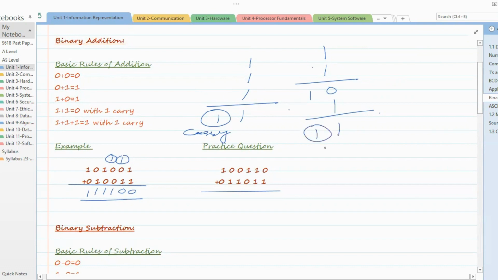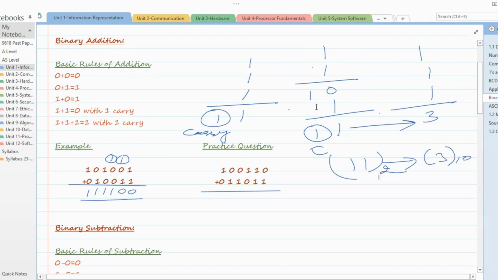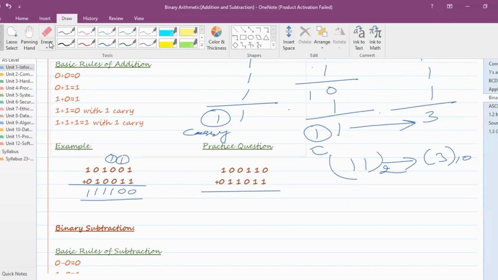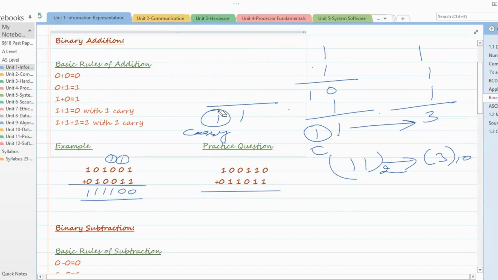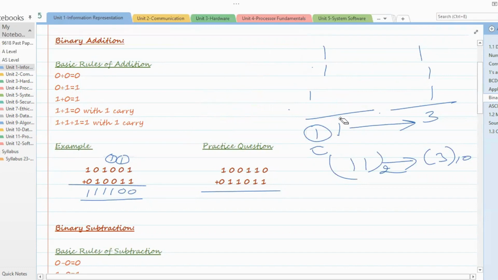So this is a carry bit, right? And in denary, 1 plus 1 plus 1 gives me 3. So this is equivalent, 1 1 is 3 in denary. So if you convert binary 1 1 into denary, this is 3. Right? So you can understand it this way. These basic rules we need to remember so that we can solve any questions related to binary addition.